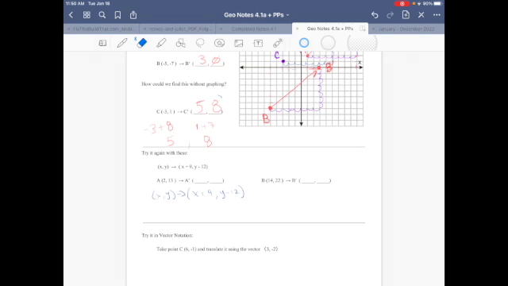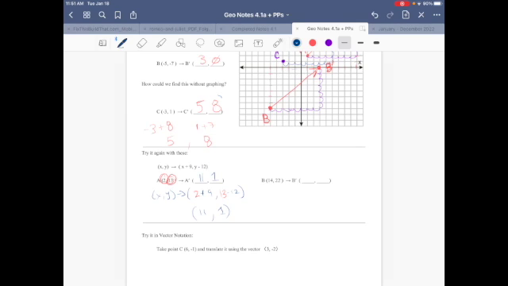The x coordinate of our point here is 2, so we plug that in, 2 plus 9. And the y coordinate is 13, so I'm going to go 13 minus 12. So 2 plus 9 is 11. 13 minus 12 is 1. So our new point, A prime, is going to be at 11, 1.